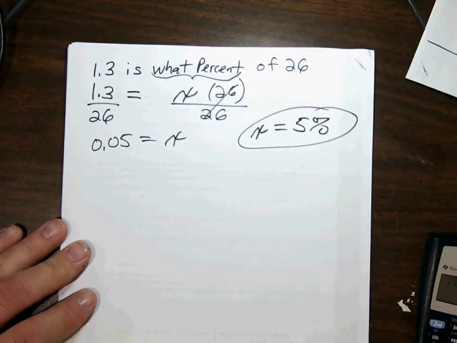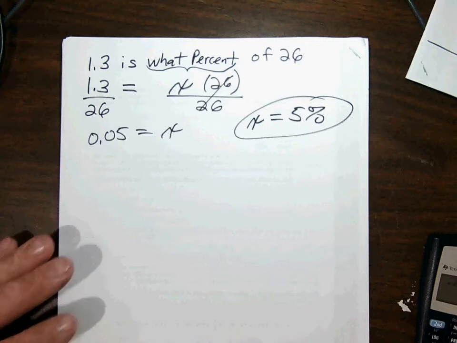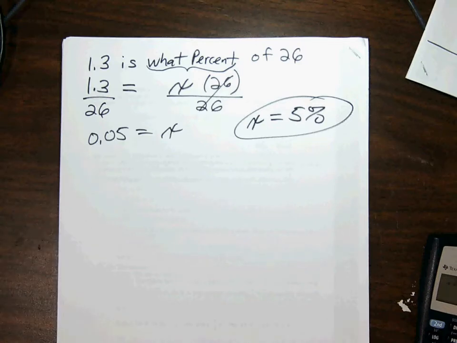So 1.3 is 5% of 26. Okay? That's how we tackle those percent problems. Formula shuffle, percent problems, all good stuff involving basic linear stuff. Proportions are going to be the same way.